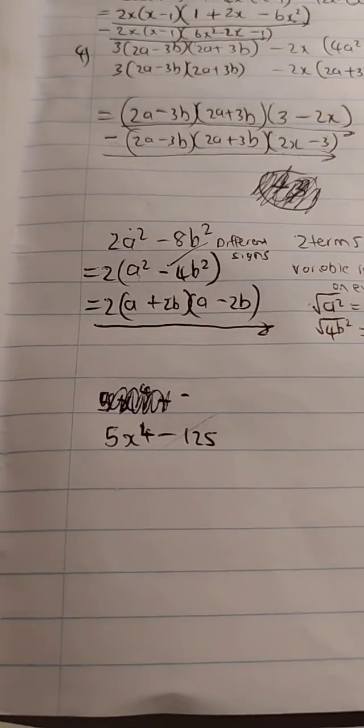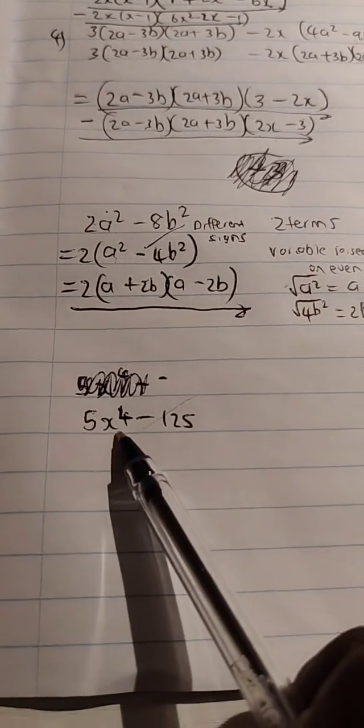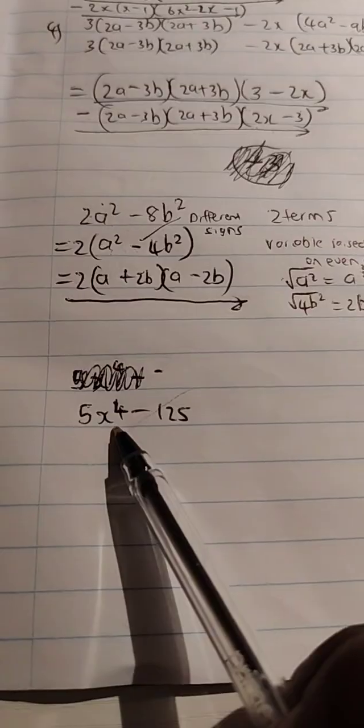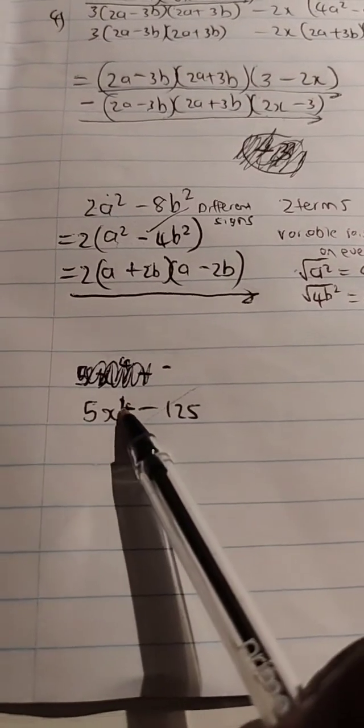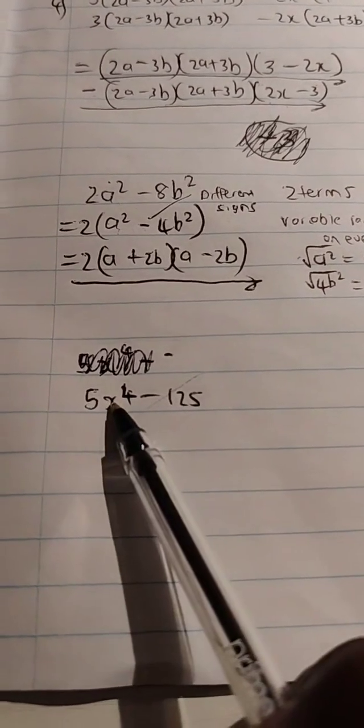Anyways, you're writing in your book 5x to the power 4 minus 125.